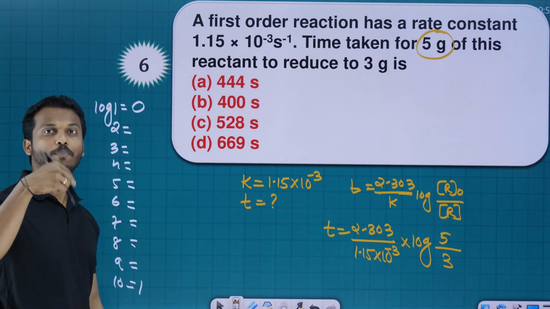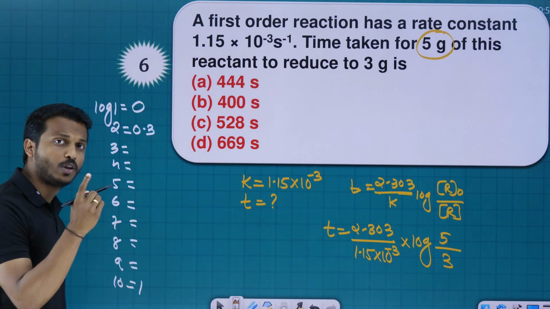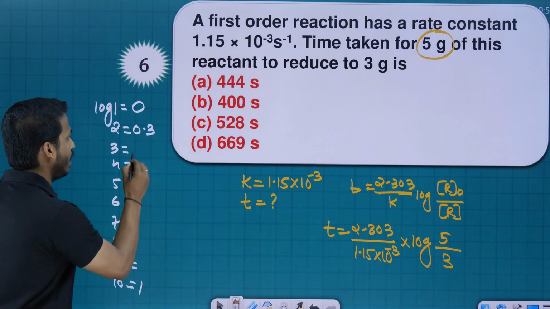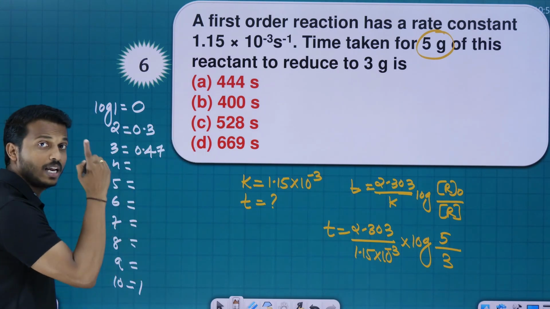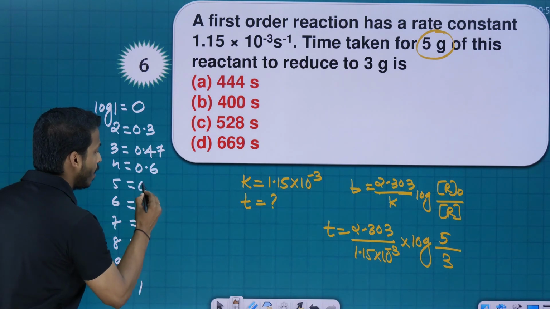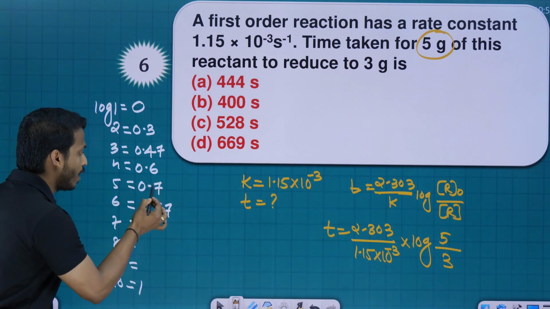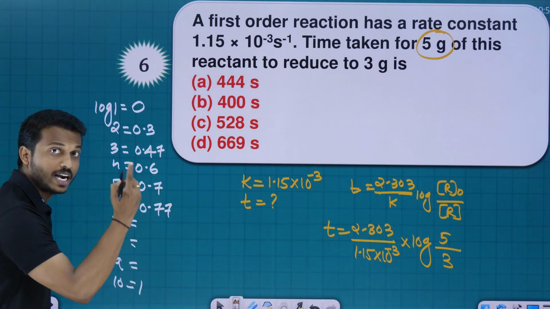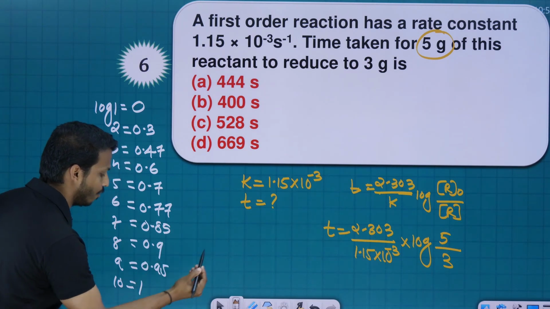So the remaining values are in between 0 and 1, right? Log 2 is 0.3, exact value 0.3010. This is 0.47 or 0.48, and this, please remember all. This is 0.6, 0.7, 0.77. How do you memorize? 0.6, 0.7, 0.77. Study these three as a set. This is 0.85, 0.9 and 0.95.